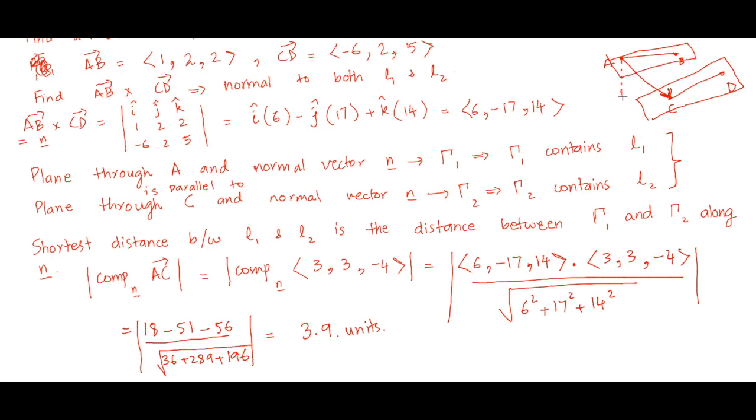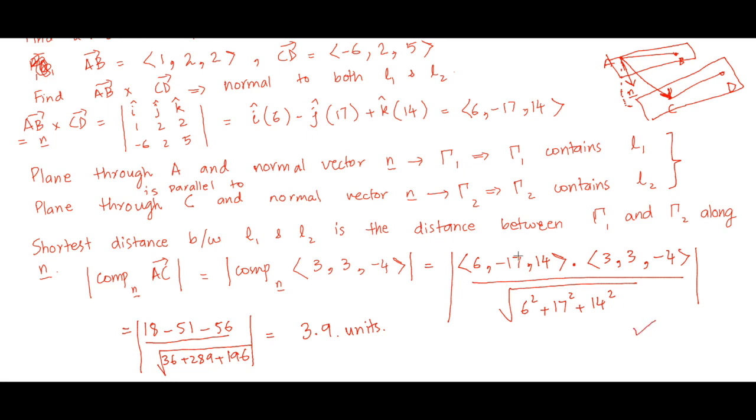This is a bad drawing, but you have to take the component of this vector along the normal vector n. The component along the normal vector gives the distance between those two parallel planes, which is the shortest distance between the two lines. So this is it about finding the distance.